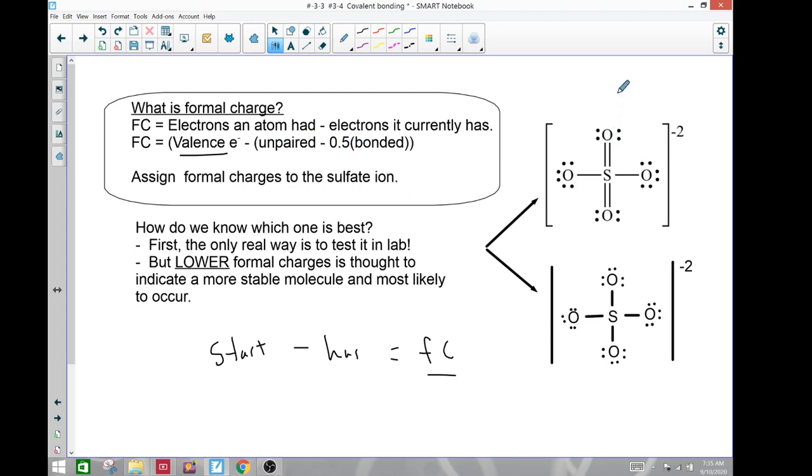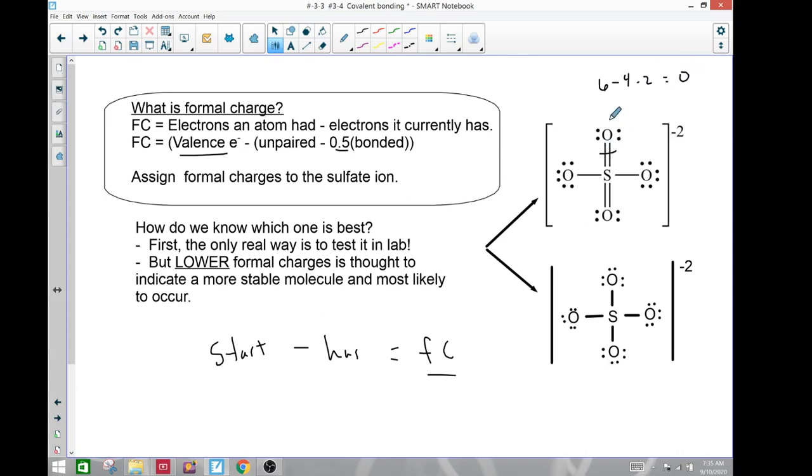The oxygen here originates with 6 valence electrons. How many minus what it has? So it has 4 on its own. Now these are shared. It only gets half of them, 1 and 1. That's where that half times bonded. So that'd be 2 and 2, but it only gets half of that, 2. So minus 2, and that guy therefore is 0.